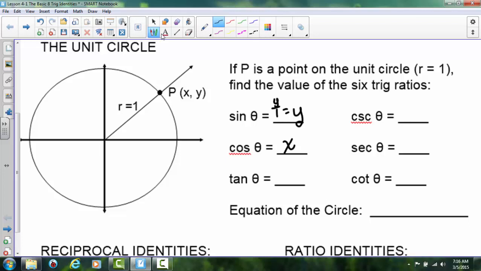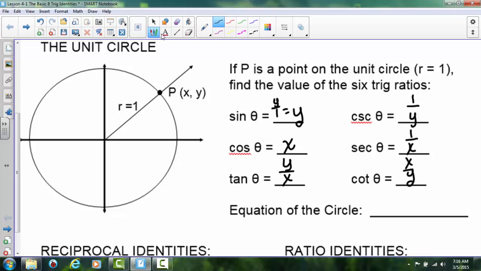Then tangent was y over x. And then we had our reciprocal functions. So that would be 1 over y, 1 over x, and x over y. Okay. So that's just a reminder. This is our 6 trig ratios.